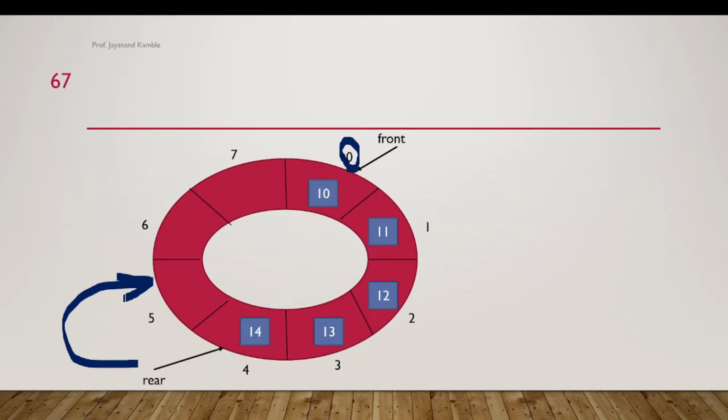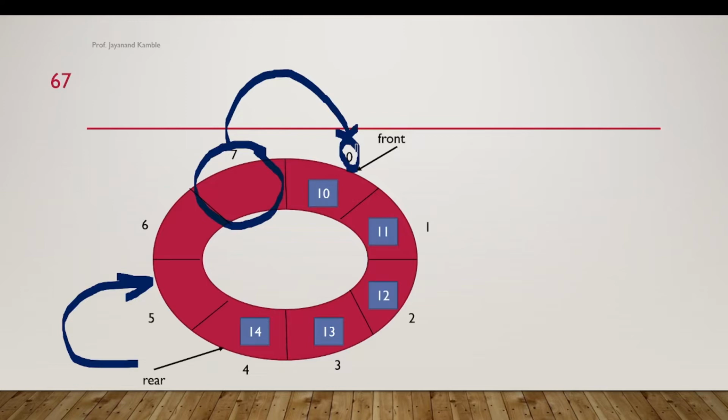This is the last index of the queue. After 7 we have 0. That means the last index is preceded by index 0.